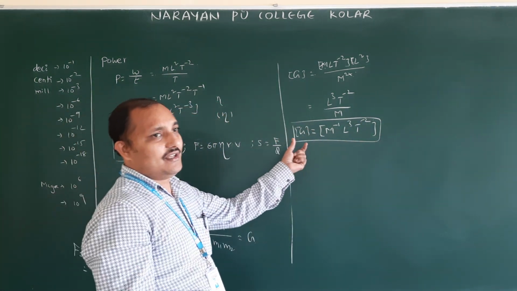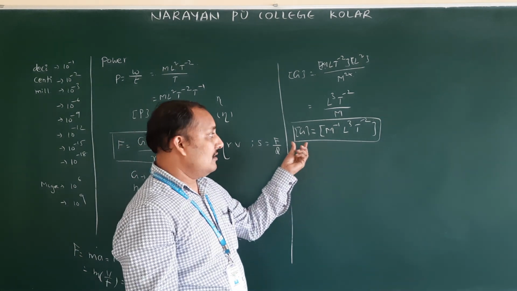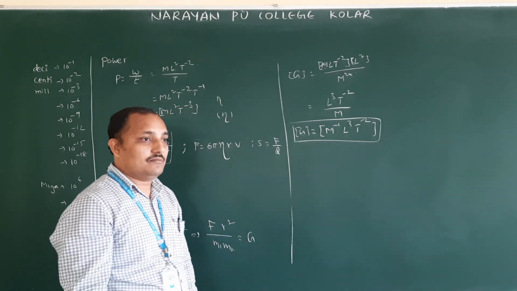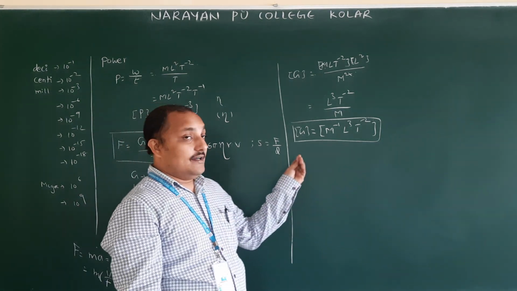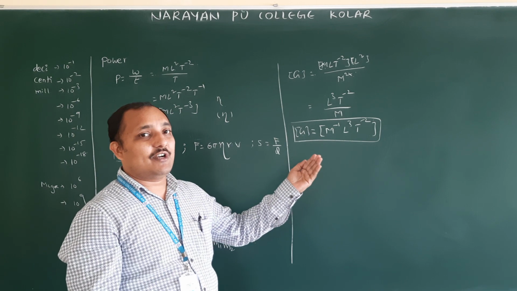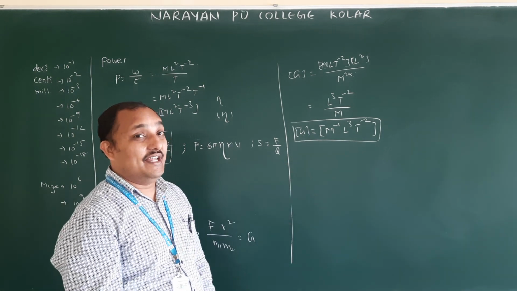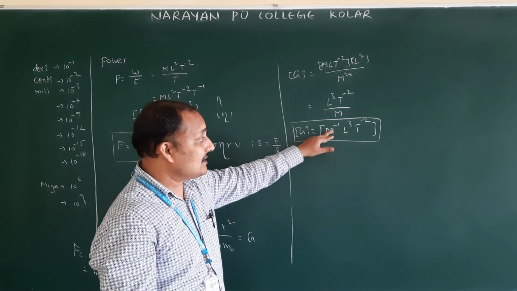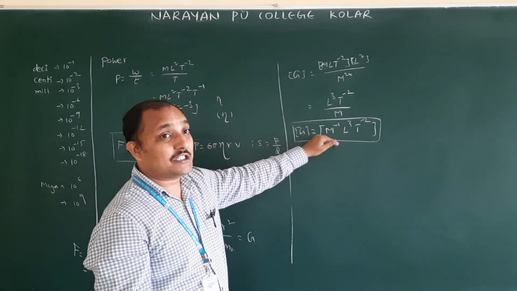I told you there is one speciality for this. They will ask one more question in PU: give any physical quantity which has negative dimensions in mass, meaning mass to a negative power.